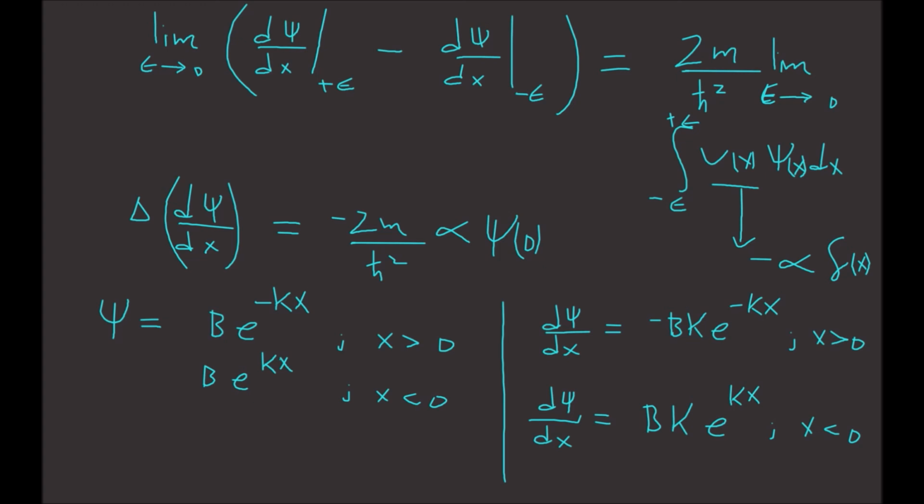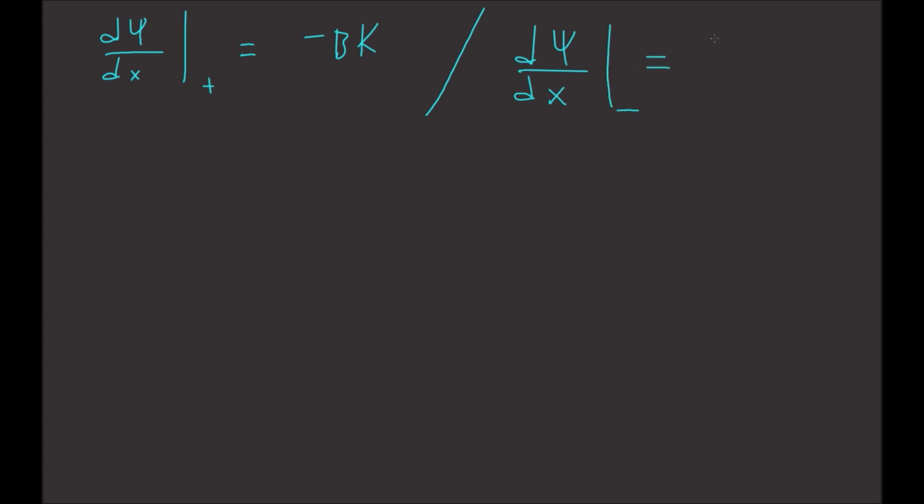So now let's look at d psi dx from the left and the right. d psi dx from the right is going to equal minus bk, and d psi dx from the left is going to equal positive bk, right?